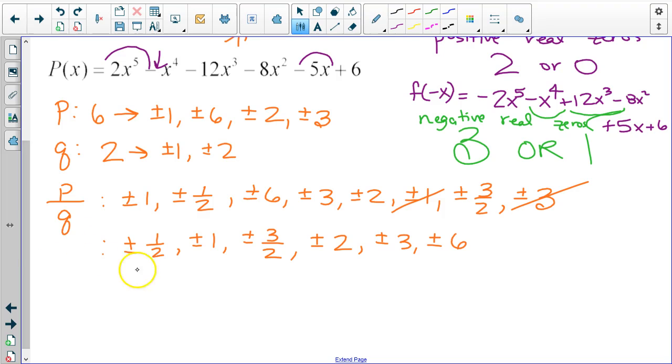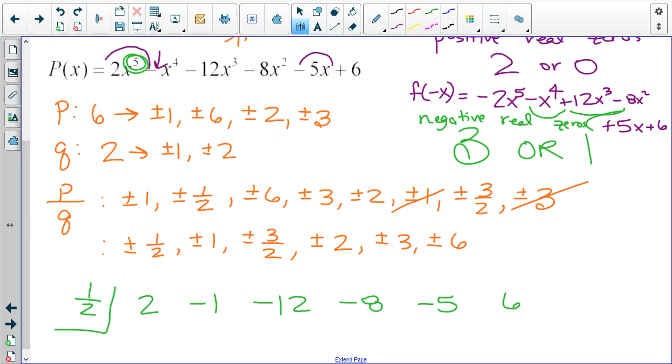So we're going to use, y'all said positive 1/2, right? Okay, and then we're going to use our coefficients. Is it in descending order? Yes. Is every term present? Yes. So I'm going to list 2, -1, -12, -8, -5, and 6. Whew, we started as a 5th degree.